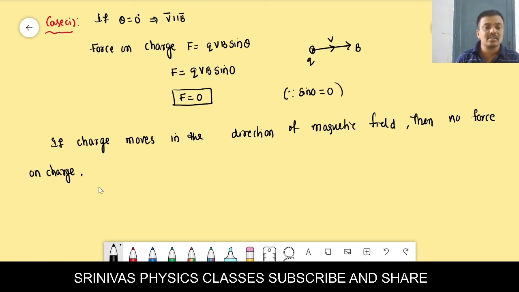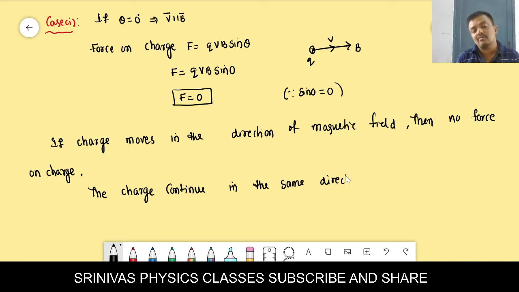Then the charge moves with no force, so the direction does not change and the velocity does not change. If a force is there, velocity may increase or decrease, and the direction of motion of the charge may change, but here there is no force, so the charge continues in the same direction with the same velocity. Is it correct, students?